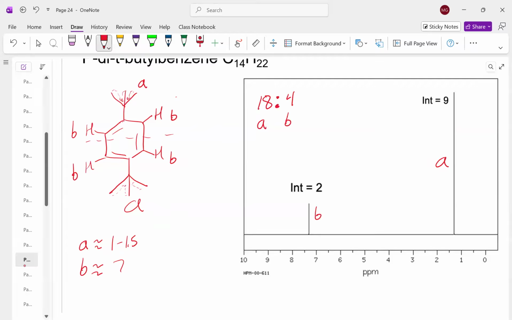But wait a second, a ratio of 18 to 4 can also be expressed as 9 to 2. So what these integration values are representing is a relative ratio of the actual number of hydrogens. So be aware that sometimes the integration values that you're given are not the exact number of hydrogens. It's meant to be taken as a ratio.